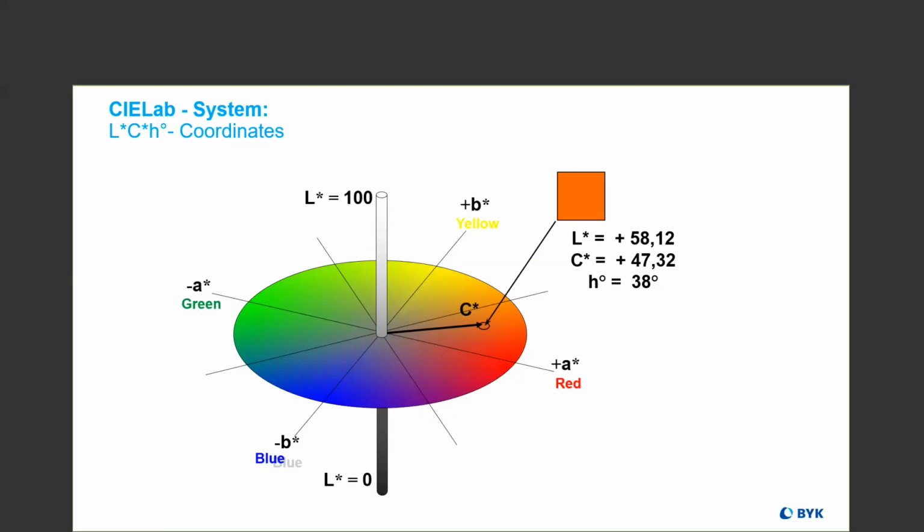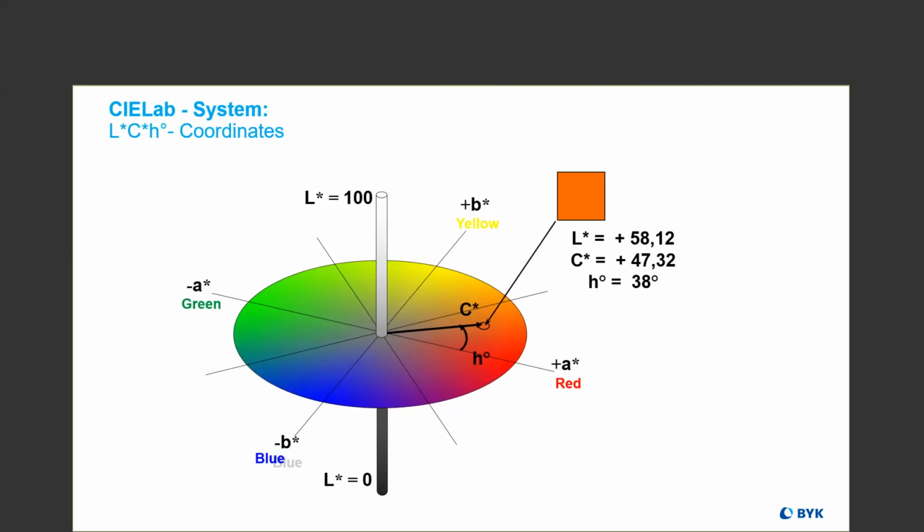So we have the L value, the C value, and then the H value. H is the hue angle, and that tells us what the hue of our color is, red, green, yellow, whatever. And that angle is counted off of the positive A axis. So the positive A-axis is 0 degrees. So if your color has a hue angle of 0 degrees, that's a red color.